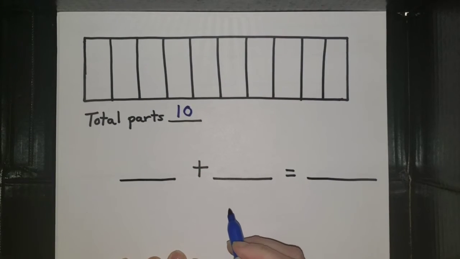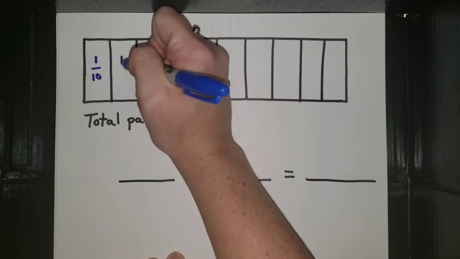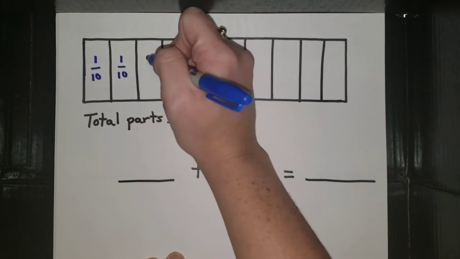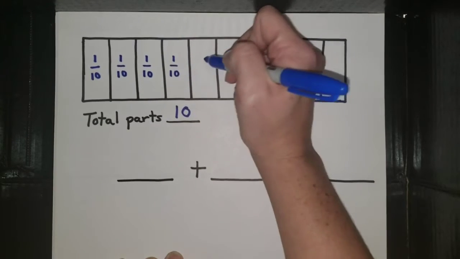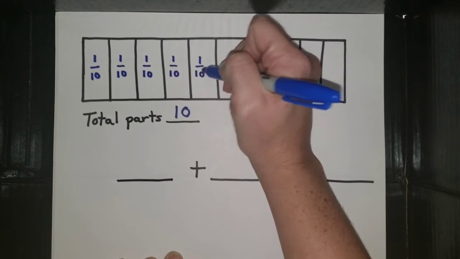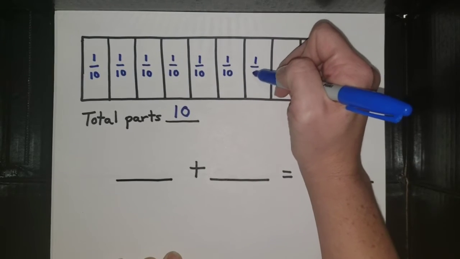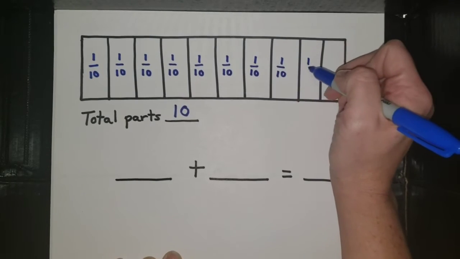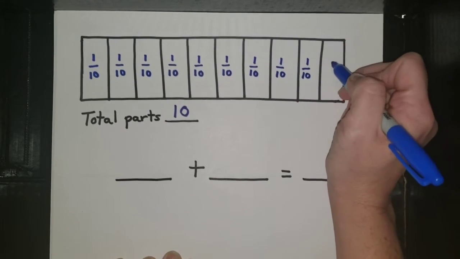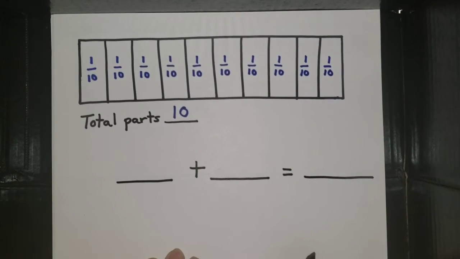Just for this first problem, we are going to model by writing 1/10 inside each part. This is something that I always encourage you to do if you are struggling with adding like fractions. If you do not struggle with this part, it is not necessary for you to label each individual piece.